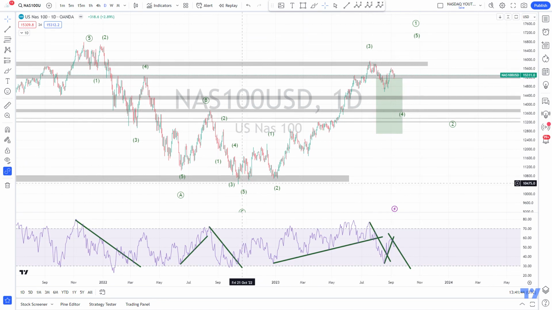Then I would count it as A, B, C here with an extended wave C, and this wave C has 5 waves: 1, 2, 3, 4, 5, and then we should continue dropping from here, taking out this low. However, from an Elliott wave perspective, this is a possible scenario, but it's not my primary scenario.